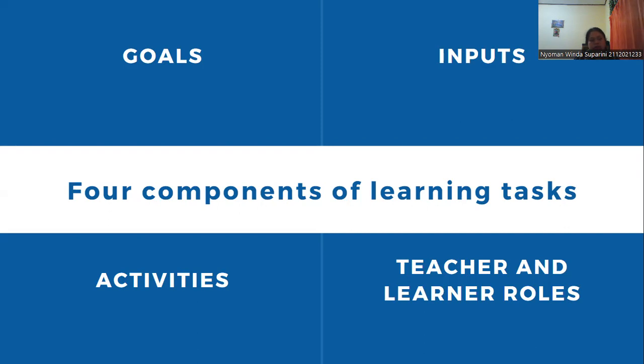For example, like what I did with my students, I provided a text about procedure text, and it can also be a short story, a movie, or pictures. The third is the activities, what the learners actually do with the input. For example, they need to analyze the generic structure. And the last, we have the teacher and learner roles in the classroom.